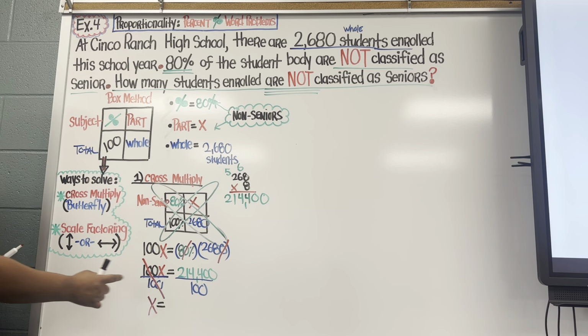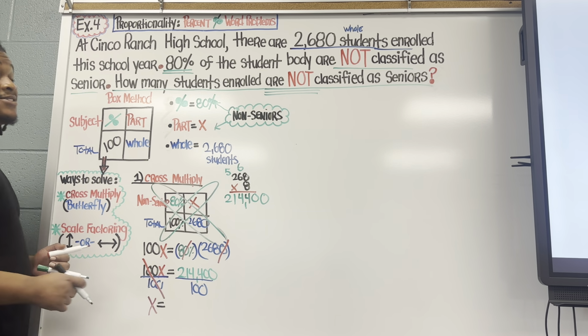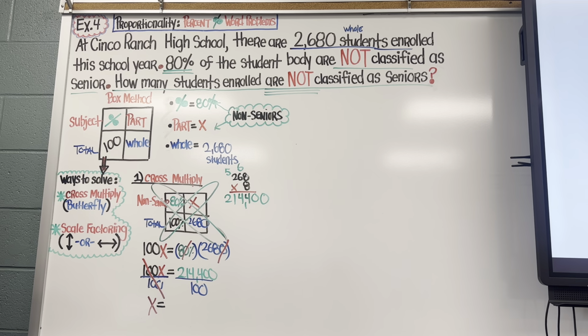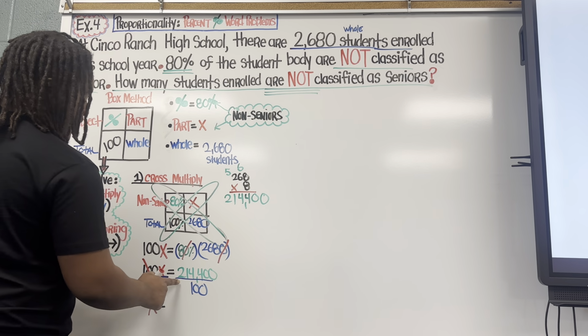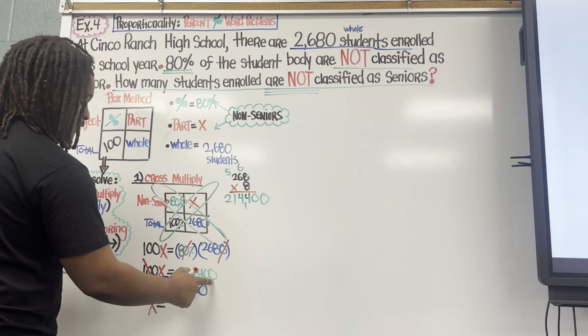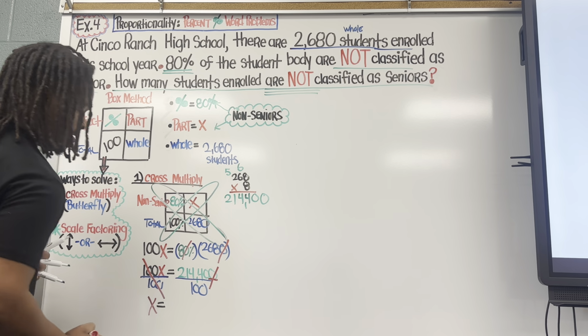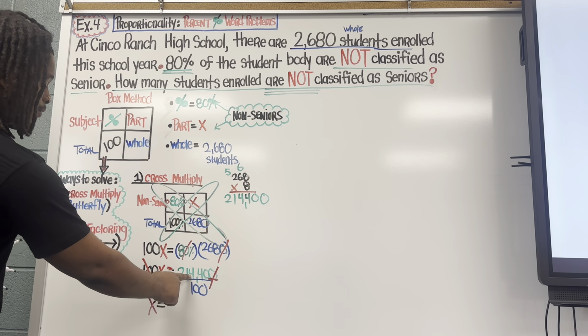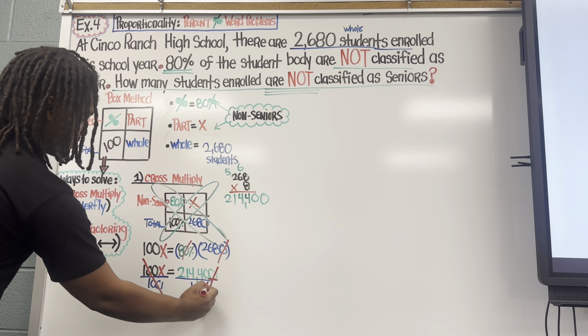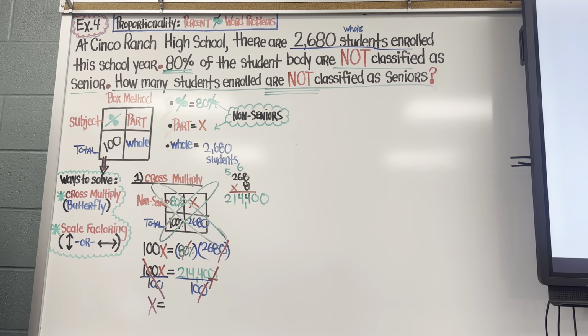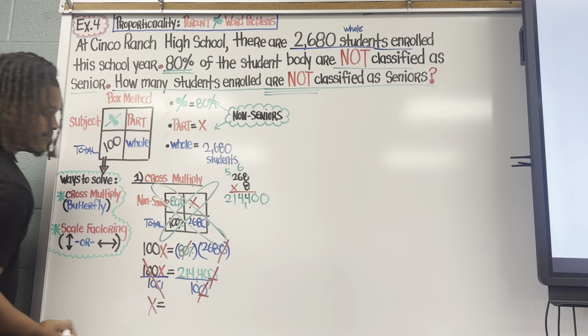And remember, guys, whenever we're dividing, if the numbers have zeros in the ones place, you can cross out those zeros. So I have 214,400 divided by 100, which is the same as saying 21,440 divided by 10, because I crossed out those two zeros in the ones place.